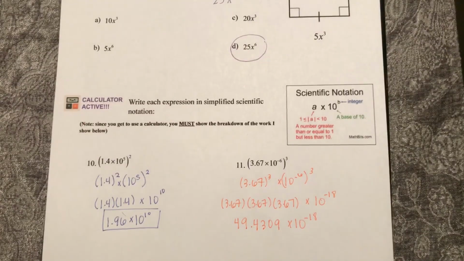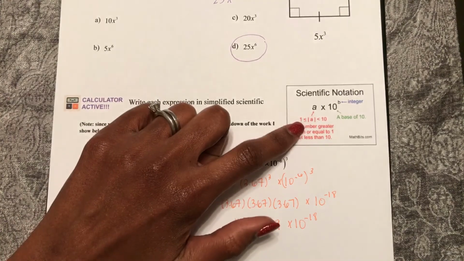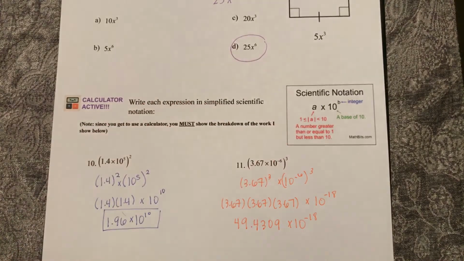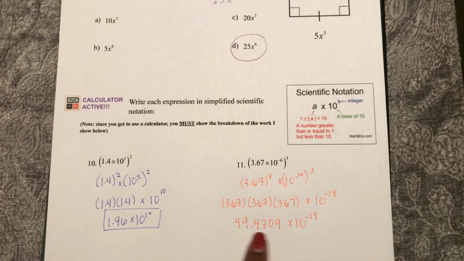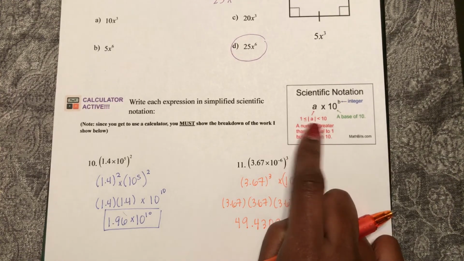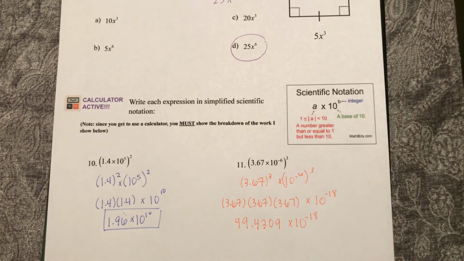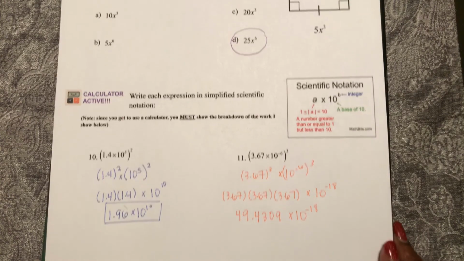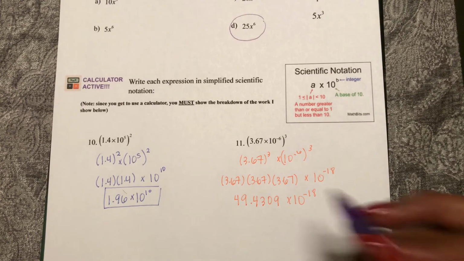Now this is okay, but it's not written in the correct format for scientific notation because this first number needs to be between 1 and 10. So how would I change this number to be between 1 and 10?